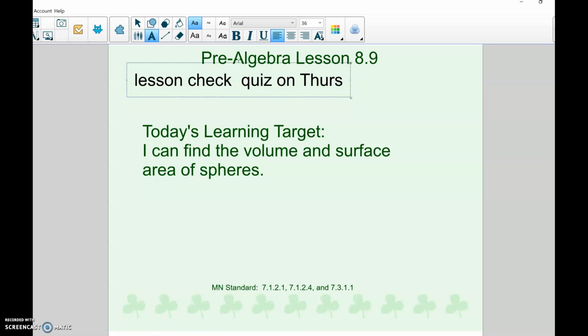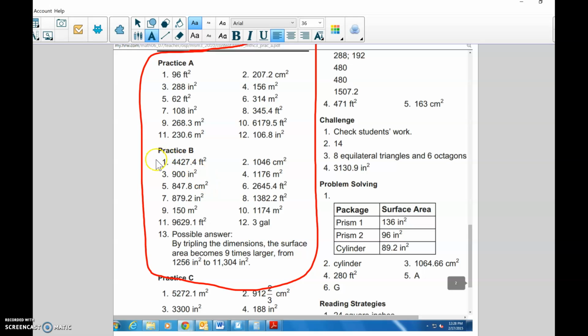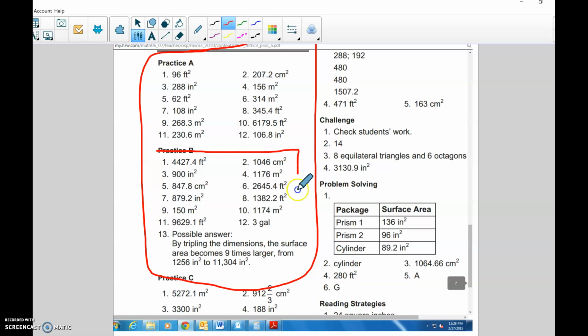So I told you that you only need to do 1 through 9 yesterday, and I said the other ones are optional, so they're here. If you did more, they're there.